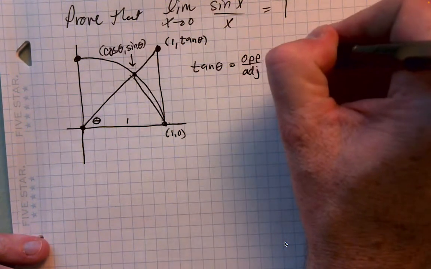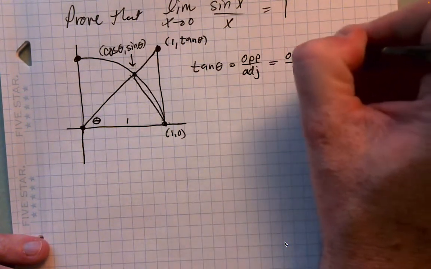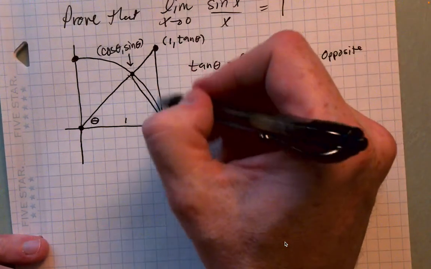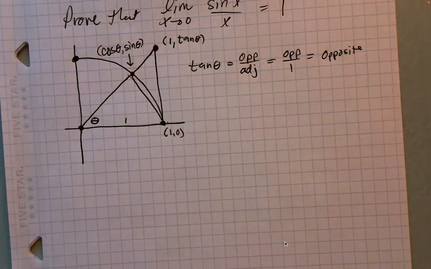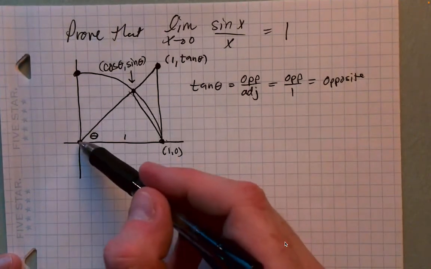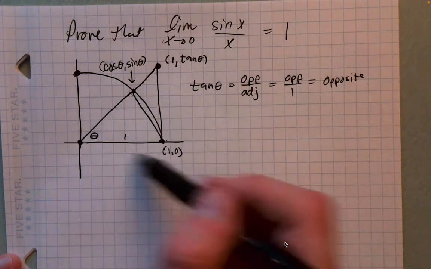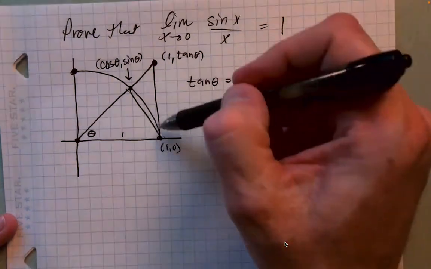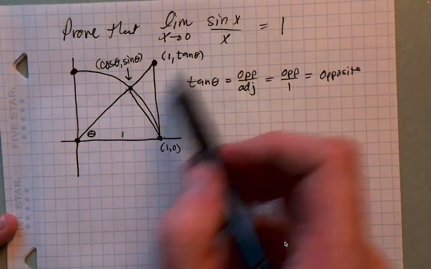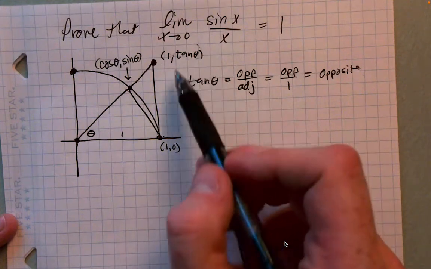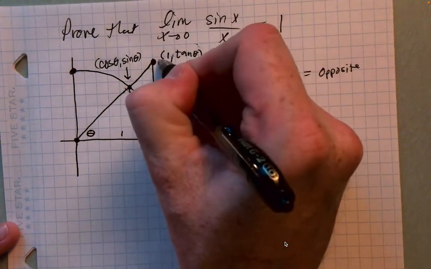And so this would just be opposite over 1, which would be opposite. All right, so that's this side. Now we're talking kind of right triangle trigonometry. So we're moving between unit circle trig and right triangle trig, but hopefully you're hanging along. So this is 1, and this would be the opposite side relative to theta. So you can say that this is tangent of theta. So 1 comma tan theta. That's this point.